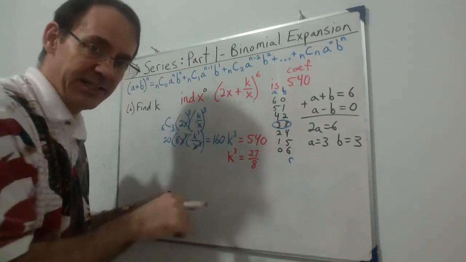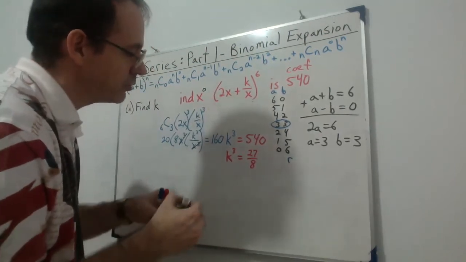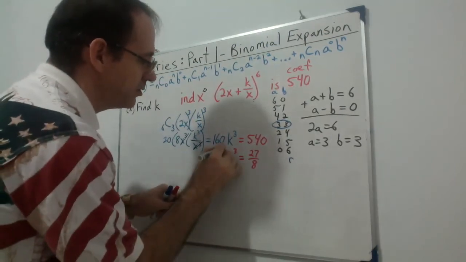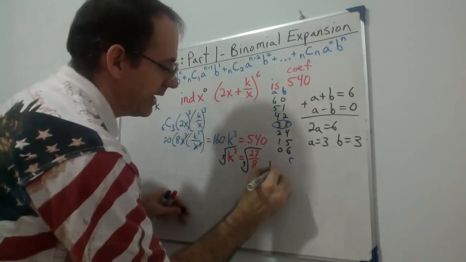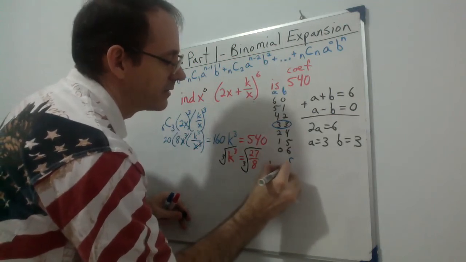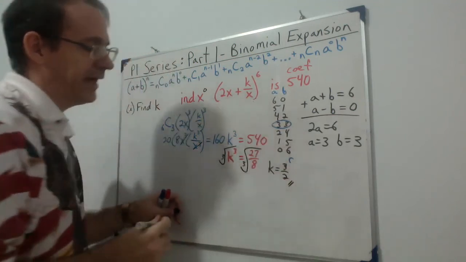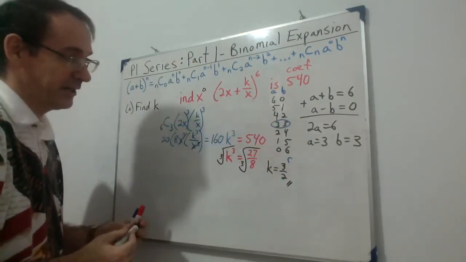Use your fraction key to change it to a fraction. Now when you cube root this, you're going to get k equals 3 halves. That is our first part of our answer here.